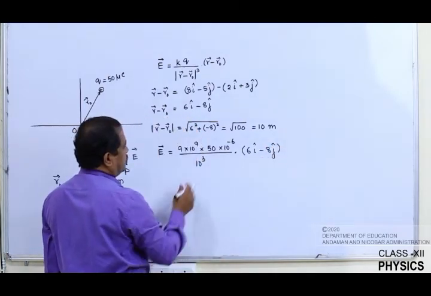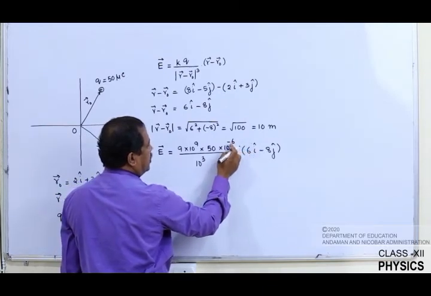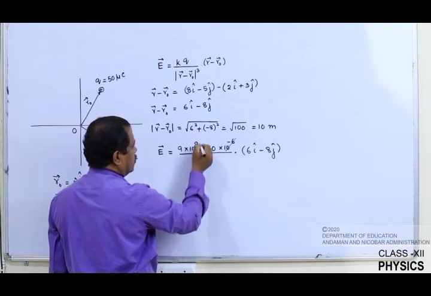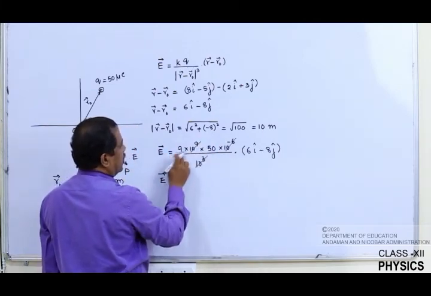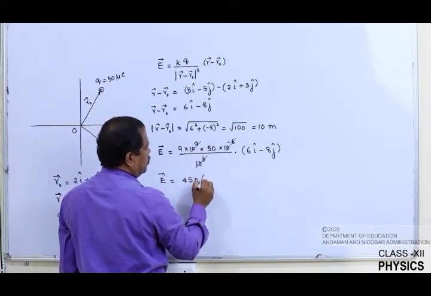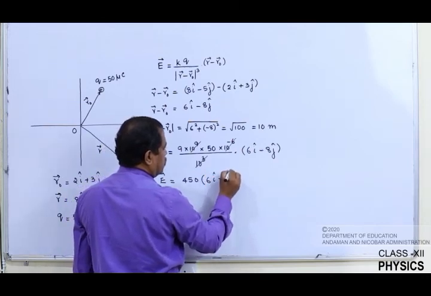Now, if I take this to the top, 10 power minus 3, 10 power minus 6, 10 power minus 9, 10 power 9, so this cancels out. Otherwise, E is equal to 9 5s are 45, so 450 into 6i cap minus 8j cap.